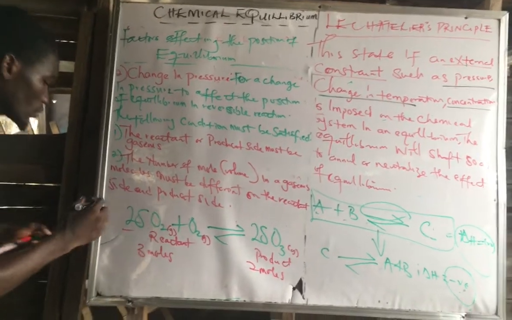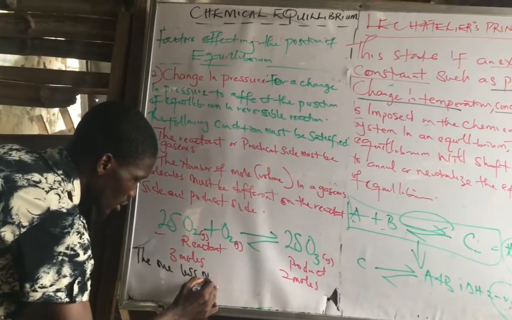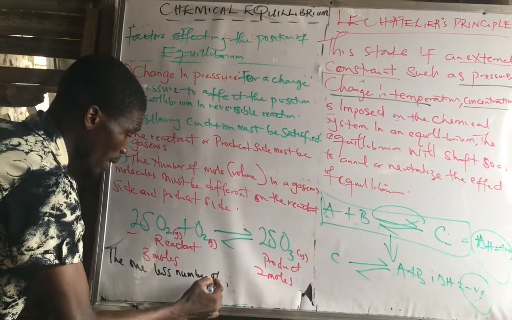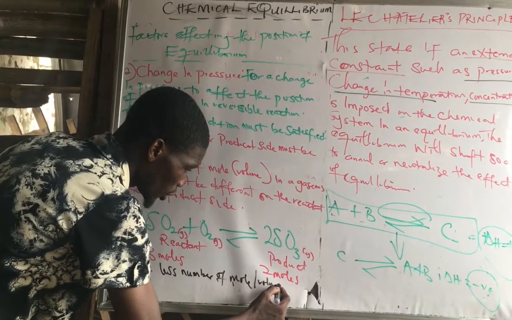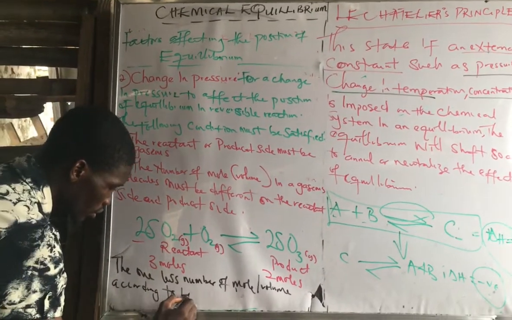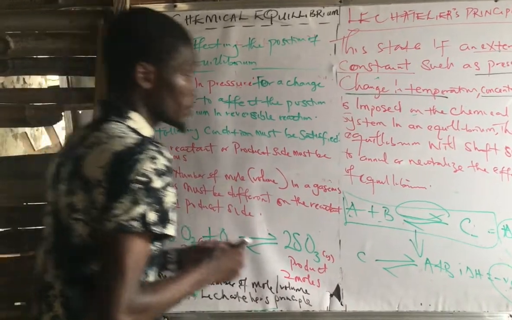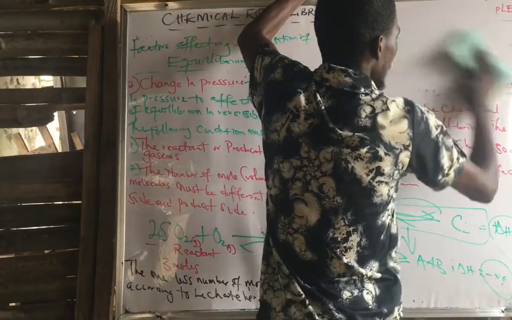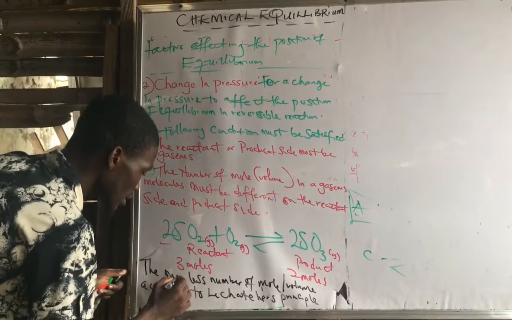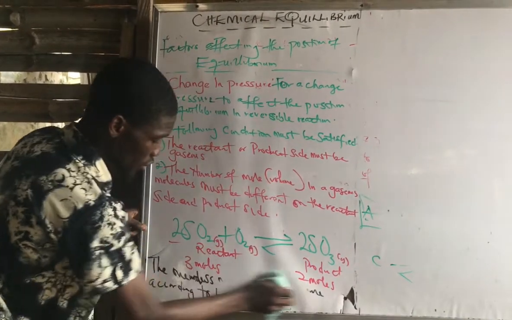The one with less number of moles, according to Le Chatelier's principle. So let me write it here, make it bold so you can have a clear picture of it.